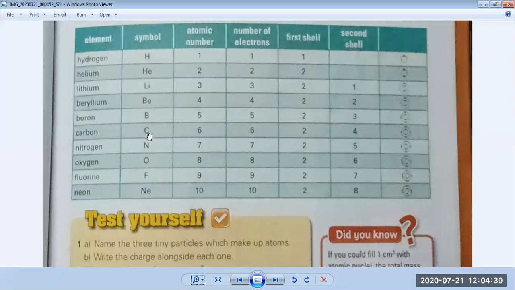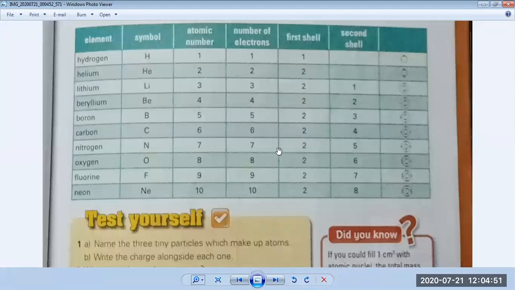Carbon, its chemical symbol is capital C, and its atomic number is 6. If its atomic number is 6, its proton number and electron number are the same. So in the first shell, 2 electrons will come, and in the second shell, 4 electrons will come.